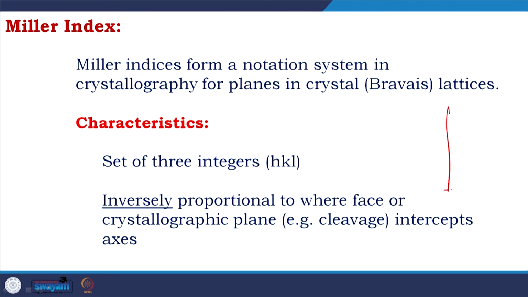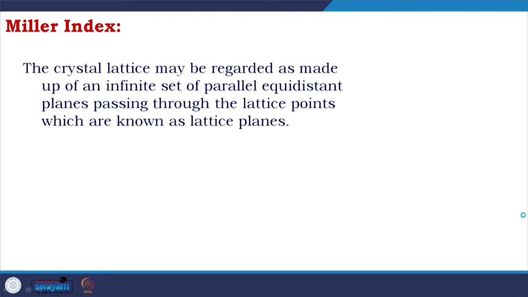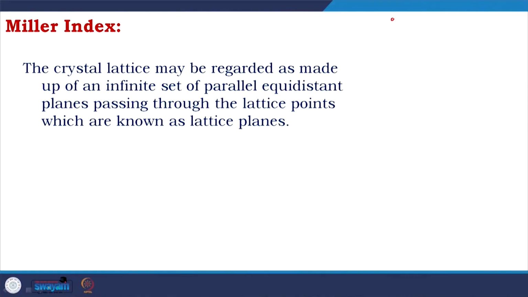So, there are intercepts, that is what is important. A crystal lattice may be regarded as made up of an infinite set of parallel equidistant planes passing through the lattice points, which are known as lattice planes. If you remember, when we made our journey from 1D to 2D to 3D, if you consider the 1D lattices, it is equidistant.